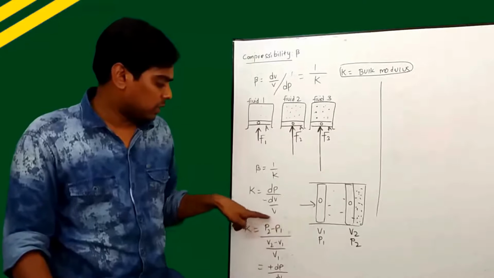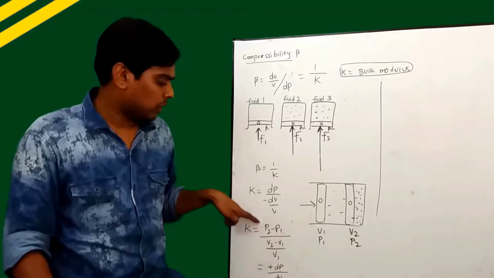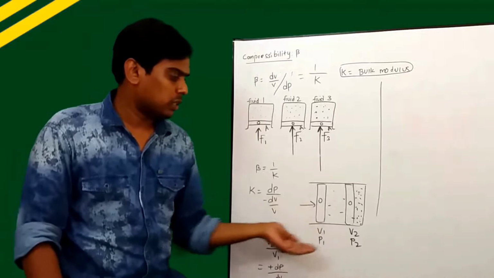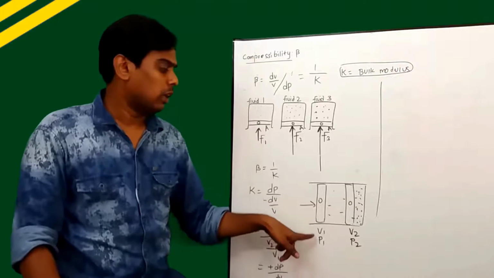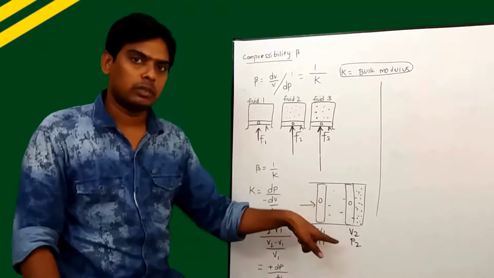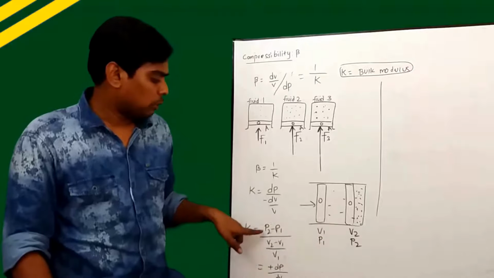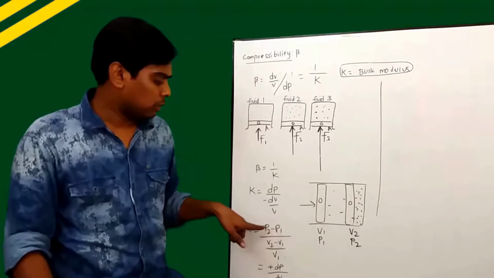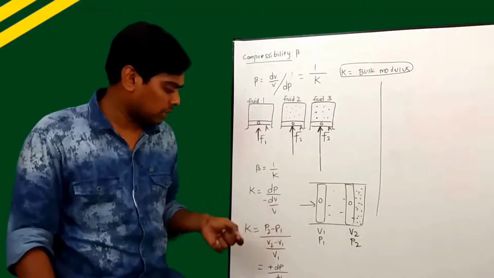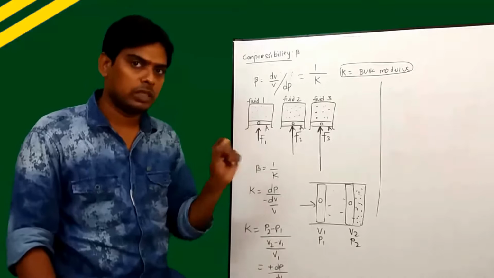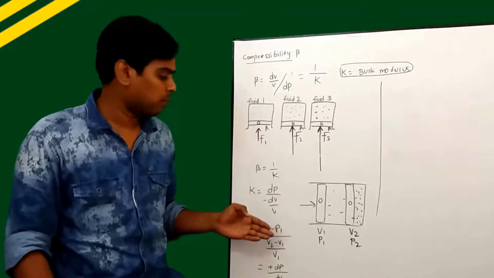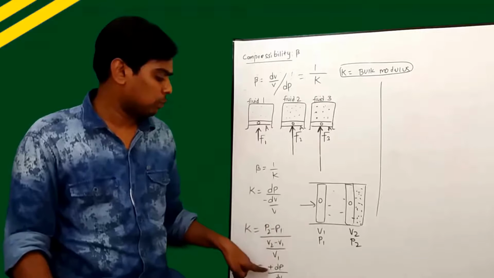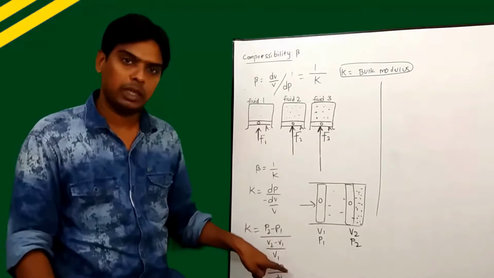Now if we consider P2 minus P1, P2 is higher than P1 and V1 is higher than V2. So P2 minus P1 gives us a positive change, plus dP.